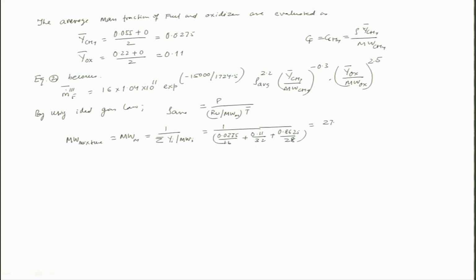which is equal to 27.81. And if I do that, the pressure is given as 101,325 pascals, the ambient pressure, and this is equal to 8314 divided by 27.81 into the average temperature 1724.5, which comes to 0.1965 kg per meter cube.